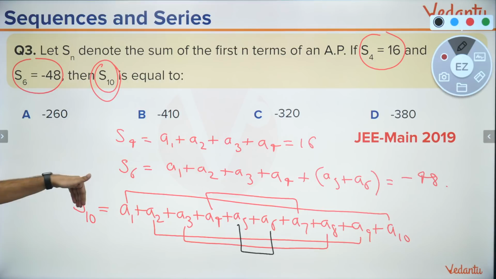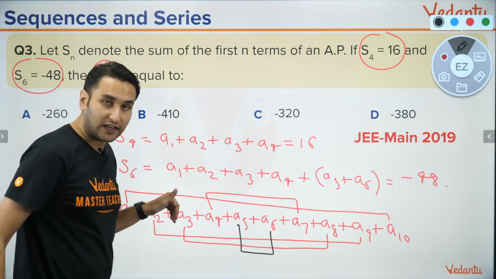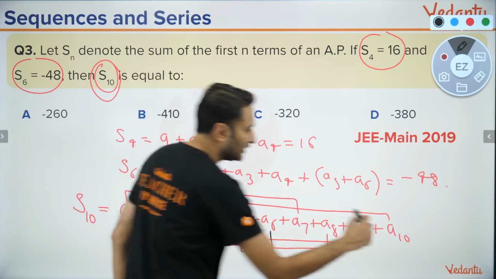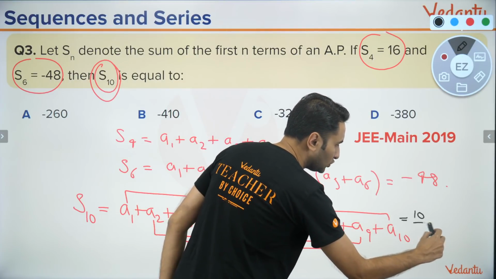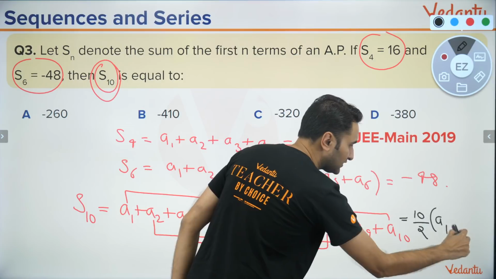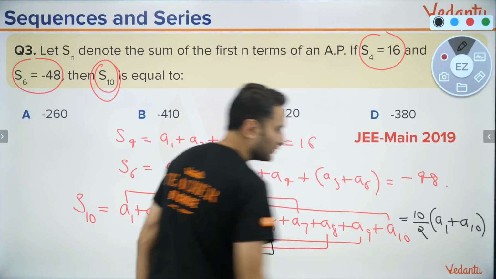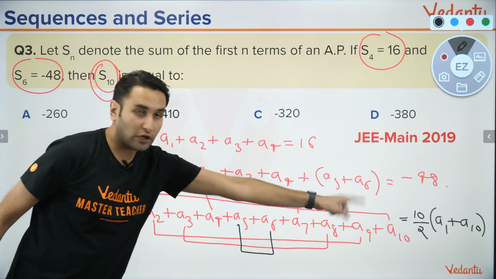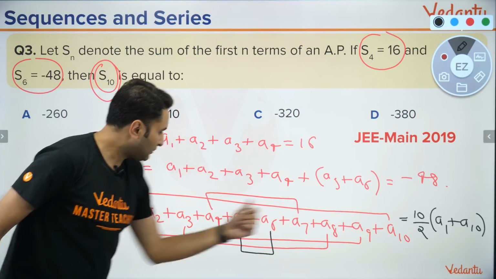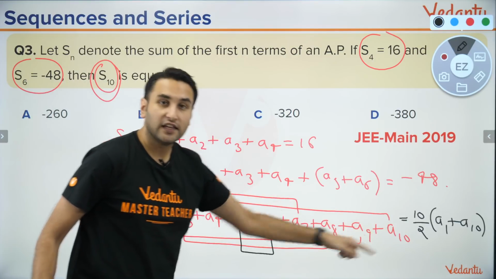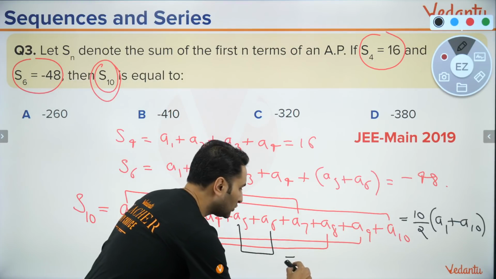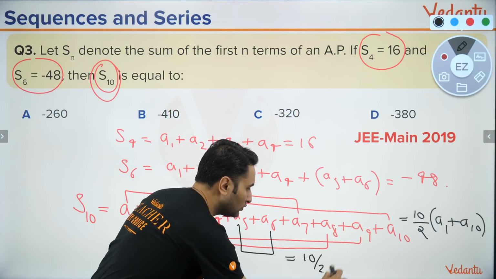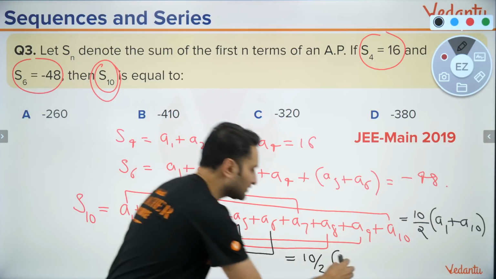Can I write S10 as, ध्यान से देखना, as 10/2 first term plus last term? I can write that, right? Summation is number of terms by 2, first plus last term, but A1 plus A10 can also be written as 10/2 A5 plus A6.